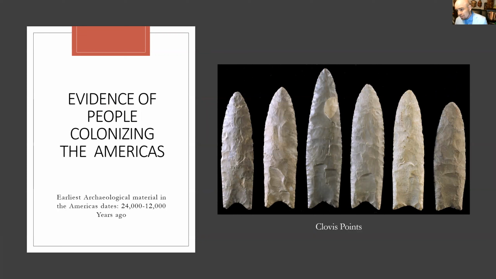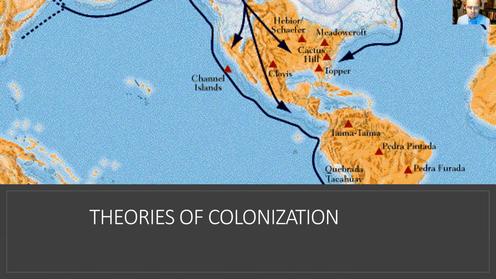Now, also between 24 and 12,000 years ago, we have the earliest evidence of people coming to the Americas. These were people from Northern Asia; modern Native American populations are most closely related to modern-day Siberians and Northern Asians generally.